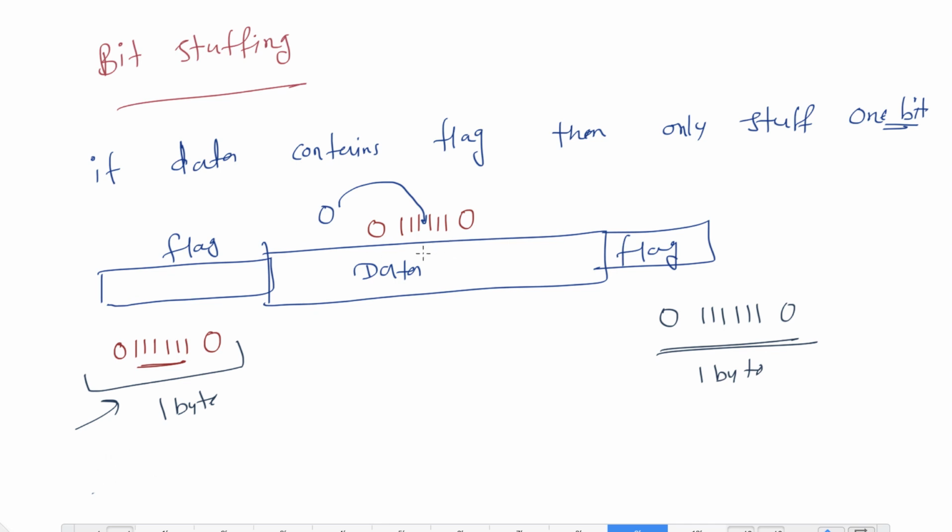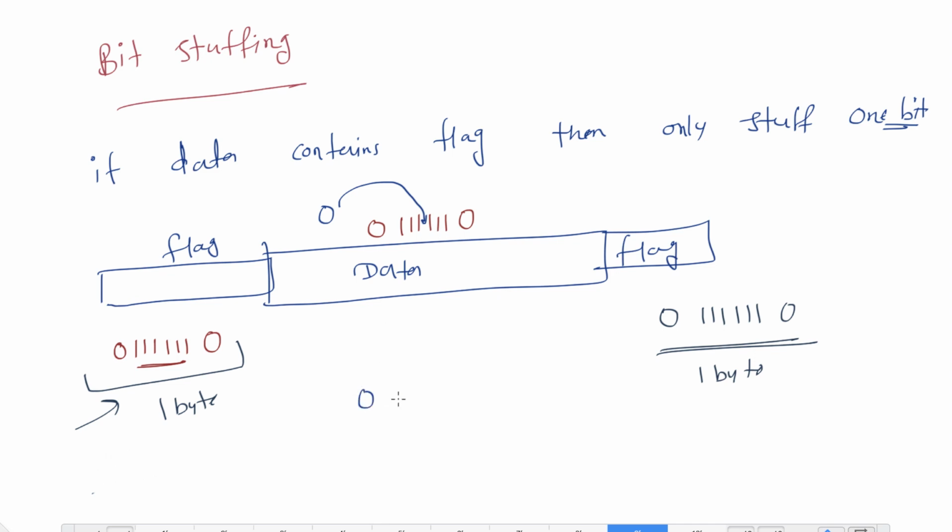Now at the sender side you are appending 0 after 3 ones. So at the receiver side, whenever we see 3 ones and then 0, just remove the 0. This will work perfectly. But generally we append the 0 not after 3 ones, we append the 0 after 5 ones.